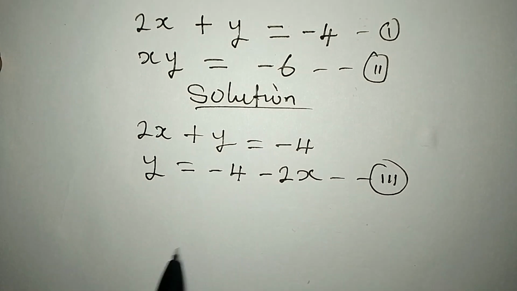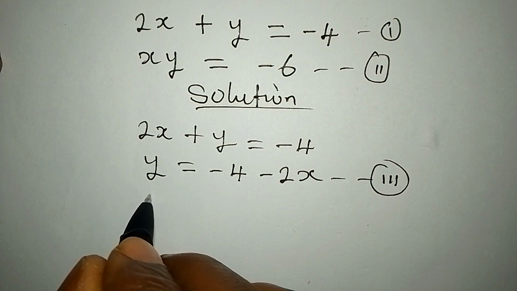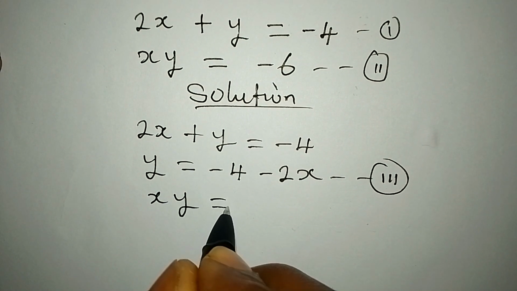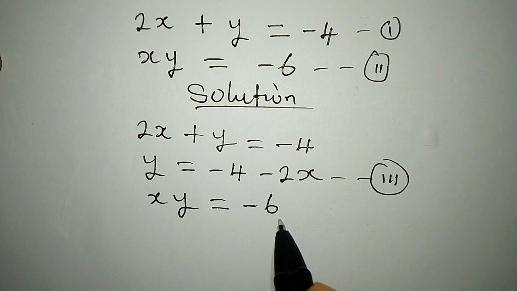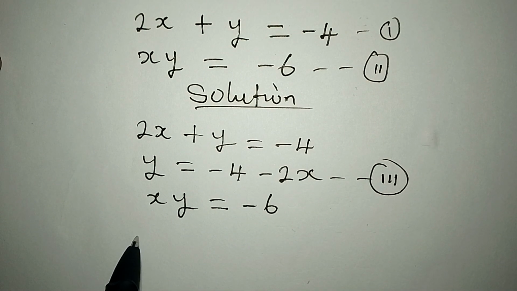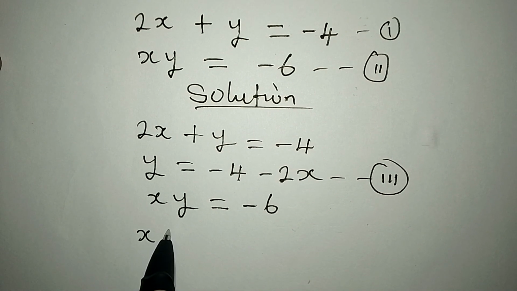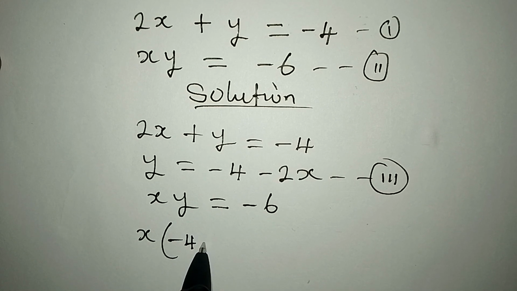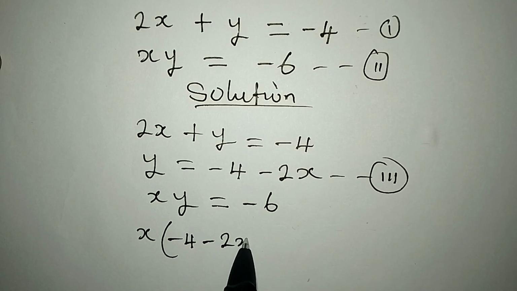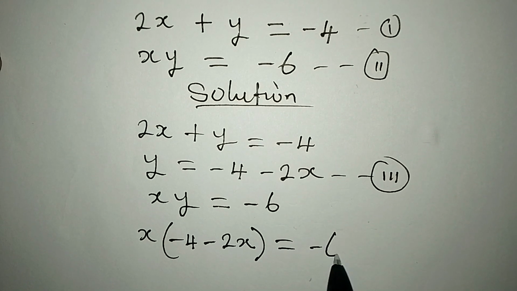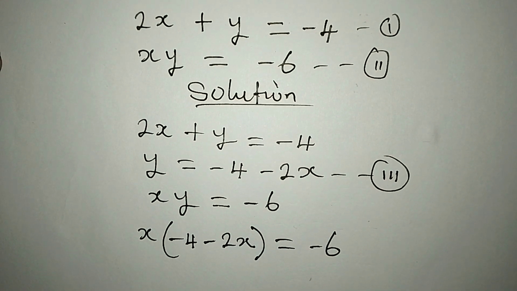Now let's put this value into equation 2, which is xy equal to -6. This means that we have x times (-4 minus 2x) equal to -6, right?